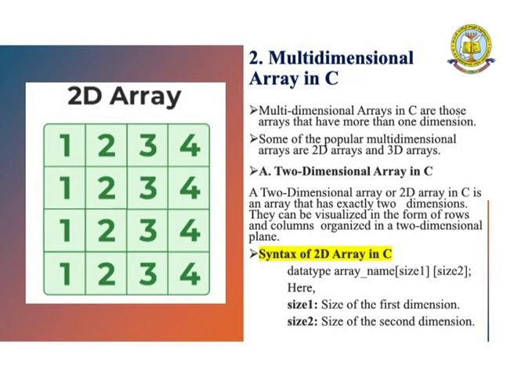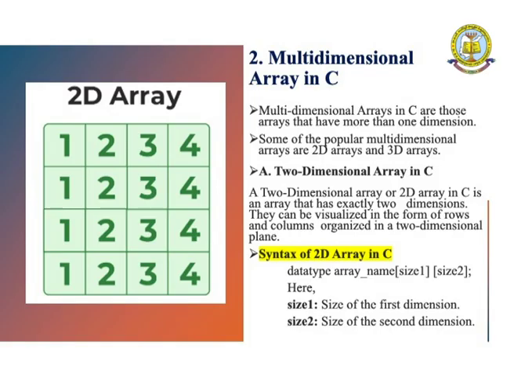The sizes are positive integers. This is the syntax of a 2D array. So, in the 2D array, size 1 indicates the first dimension which is rows and size 2 indicates the second dimension which is columns.